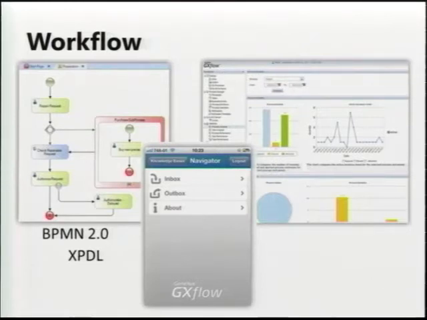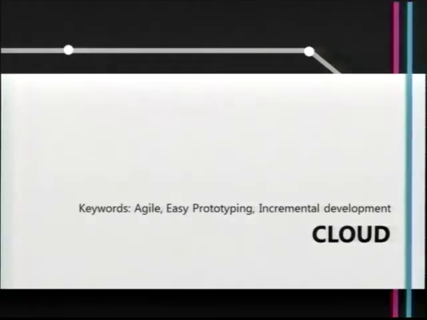Also, in the application that was generated with GX Flow, we have added features such as, for example, more and better statistics, so you will be able to better optimize internal processes. But there is something that we all want, and that is that once we've created something, we want to be able to publish it quickly. Or as we are publishing, actually in the GeneXus community, as you develop, you want to publish it for everyone.